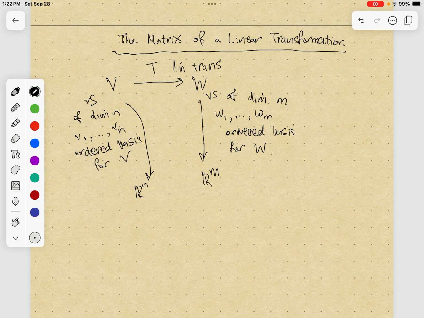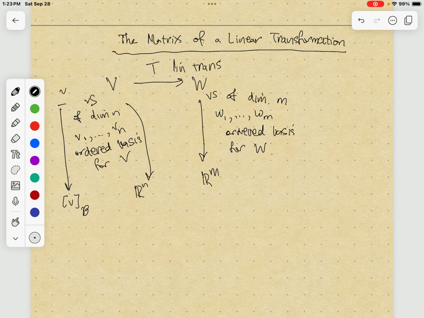So you have a concrete way of understanding vectors. It takes V, an element of the vector space V, and maps it to the coordinate vector of V relative to the basis.